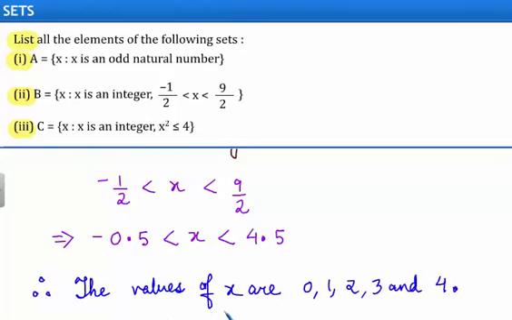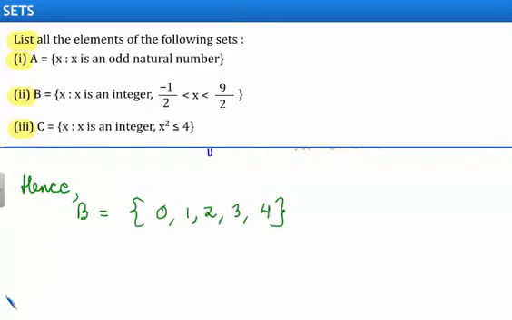Therefore, the values of x are 0, 1, 2, 3 and 4. Hence, the set B will be equal to 0, 1, 2, 3 and 4. So this completes the second part of the given question.